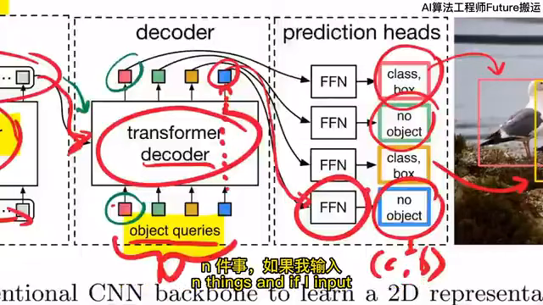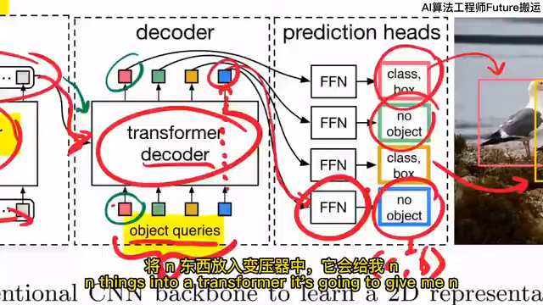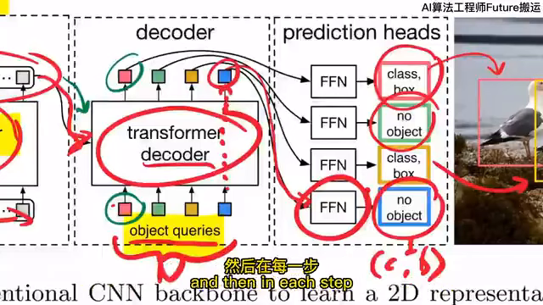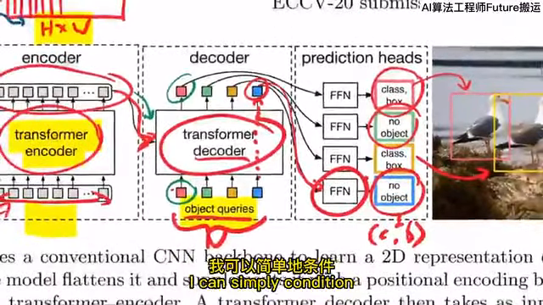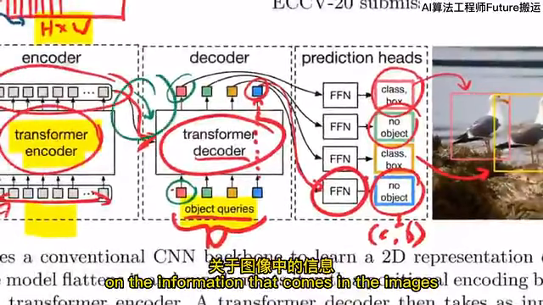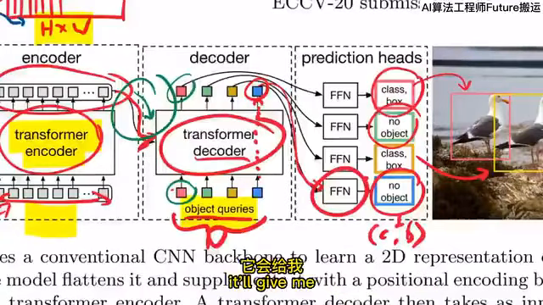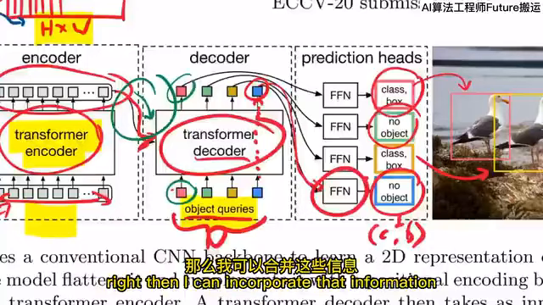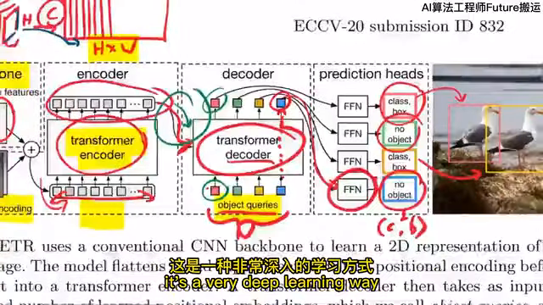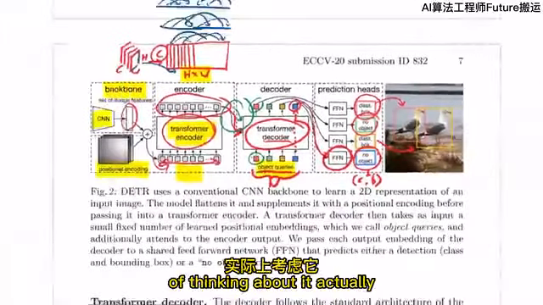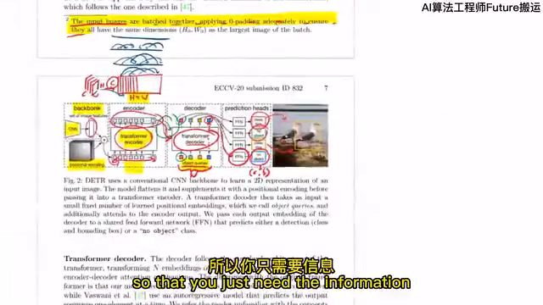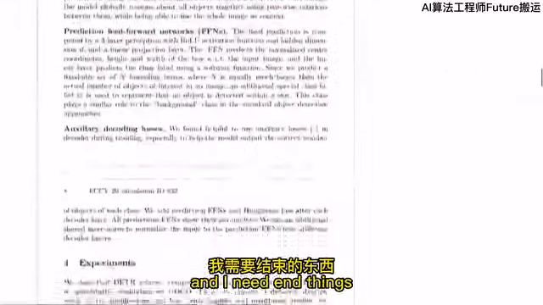So you need N things, and if I input N things into a transformer, it's going to give me N things as an output. And then in each step I can simply condition on the information that comes in from the image, and then I can incorporate that information. It's a very deep learning way of thinking about it, actually: you just need the information somewhere in there, and I need N things.